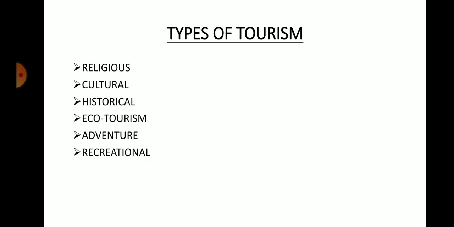Now we move on to accessibility. What is accessibility? It is a place which should be easily reachable using any form of transport, maybe rail or road or water or even through air.